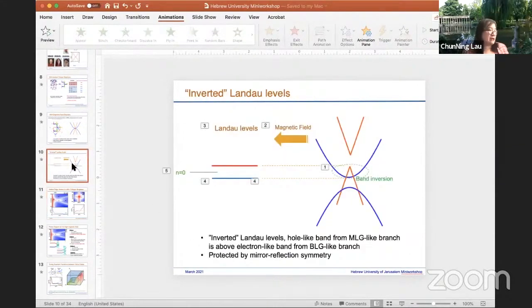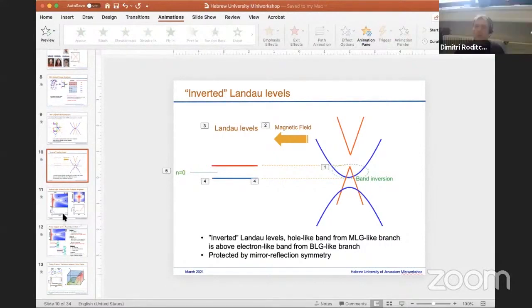For the effect of contacts, that's also a good question. These are all 4 terminal measurements, so hopefully the effect of contacts is not that significant. I think contacts can partially dope the sample, maybe not the entire sample, but the area below the contact, so you have a band gradient somewhere.